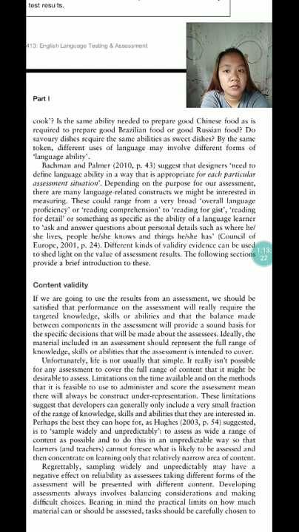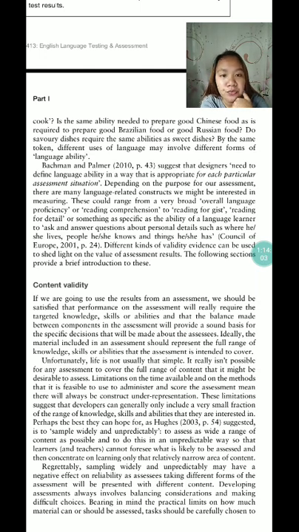By the same token, different uses of language may involve different forms of language ability. Bachman and Palmer suggest that designers need to define language ability in a way that is appropriate for each particular assessment situation. Depending on the purpose of our assessment, there are many language-related constructs we might be interested in measuring.